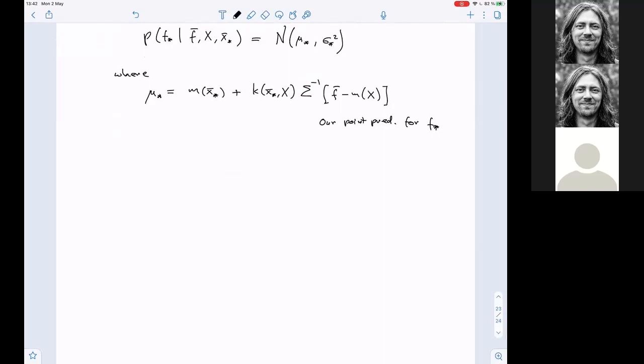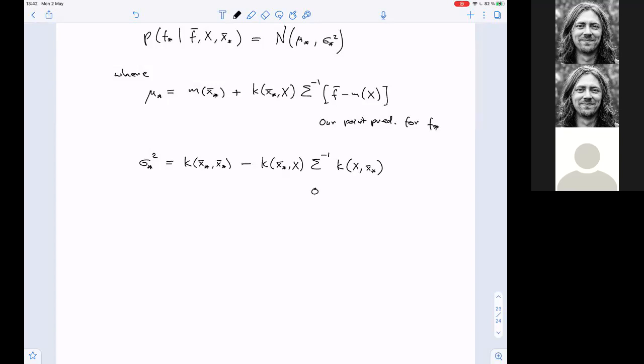So this is effectively our point estimate, or point prediction, for F star. And we'll discuss that correction term, or the shift, in a minute. So this was mu star, and then we have the uncertainty in our prediction, so sigma star squared. That's just the variance, our prior variance at the test point, and then a reduction of variance, of uncertainty, which is this term: K of X star comma X, inverse of the sigma matrix, and K of X matrix comma X star test point.